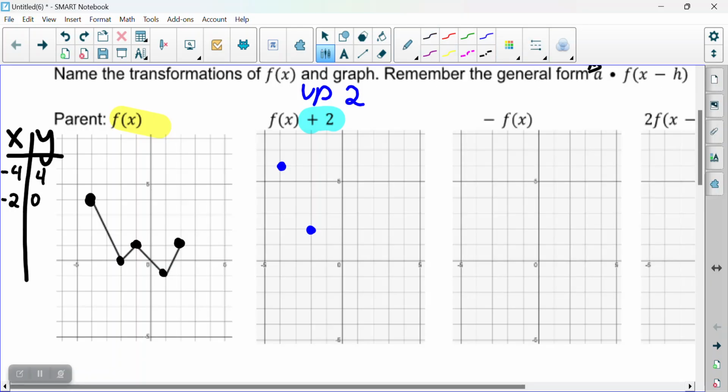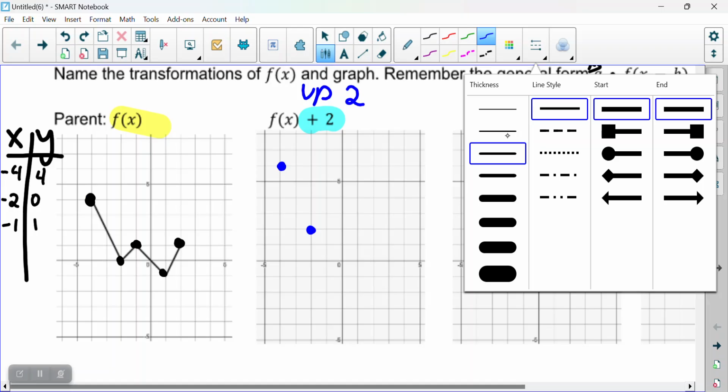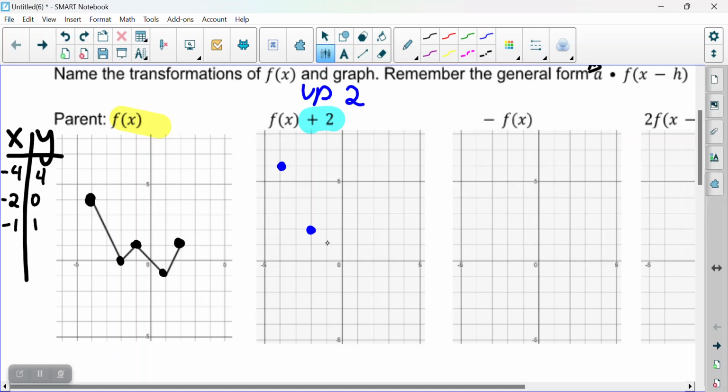Let's get the next point, this one. Negative 1, 1. Transformed, up 2 would be negative 1, 3. We can do this point. 1, negative 1. And we're shifting it up 2 since negative 1 plus 2 is 1.